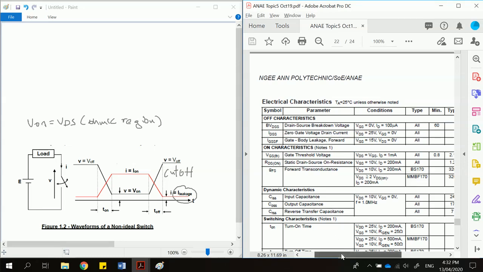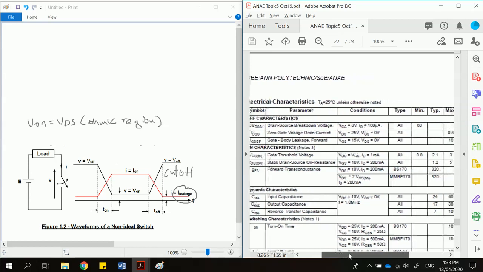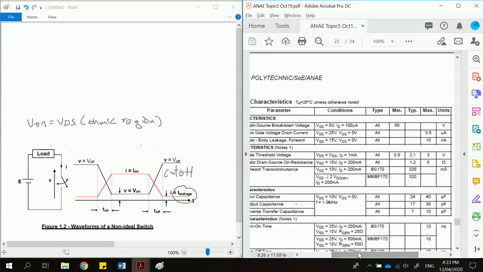It is when the gate voltage is zero and the drain current is indicated as 0.5 microamp. So I will indicate over here, this point is our IDSS. For the MOSFET, it is 0.5 microamp.